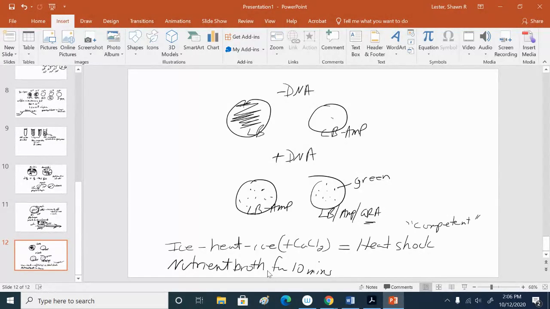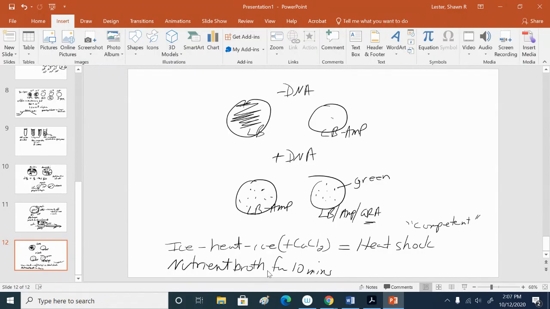So why did we do that? Was it to give them a lag time? Lag phase? Well, they were in lag phase, right? So we were giving them time to sense the environment, see what's there, turn on genes, especially to transcribe and translate the beta-lactamase gene, right?